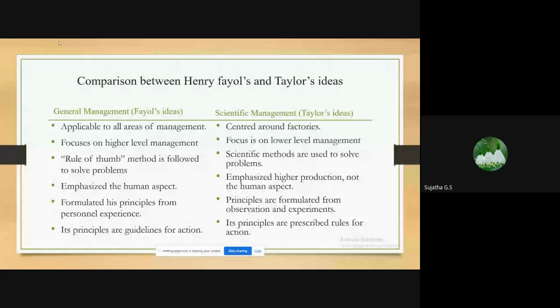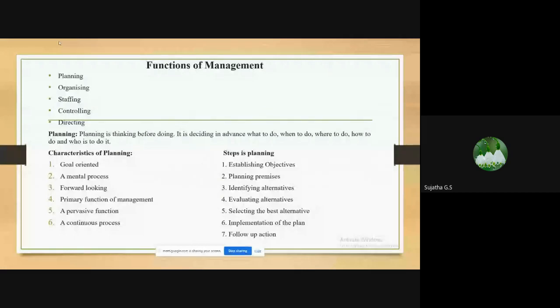Then next, I want to discuss functions of management. The duties performed by managers to achieve the organization's objectives are called the functions of management.